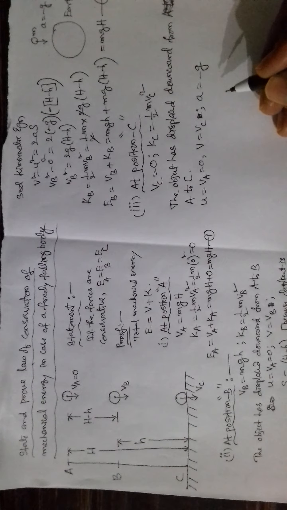Now, initial velocity at A is 0, final velocity at C is VC. a is always minus g, because Earth's gravitational force is always downward.